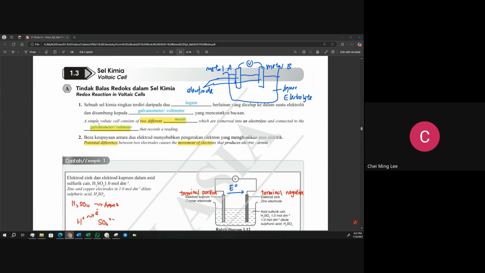So a simple voltaic cell consists of two different metals, A and B, immersed into an electrolyte and connected to a galvanometer or voltmeter that records a reading. The potential difference between the two electrodes will cause the movement of electrons that produce the electric current. Jot this down with the drawing as well.